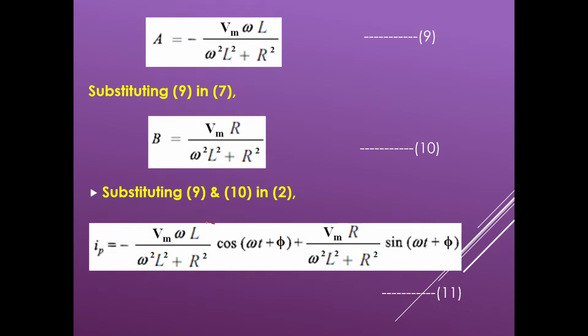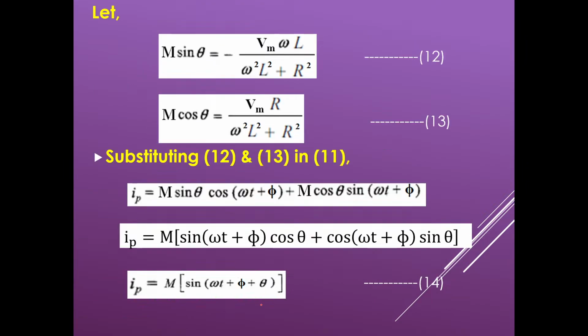For that, let us replace this whole term with some smaller notation, and let us replace this other term also with some other notation. In your next slide, I will show you that. So here I have assumed m sin theta is equal to minus Vm omega L by omega square L square plus R square.